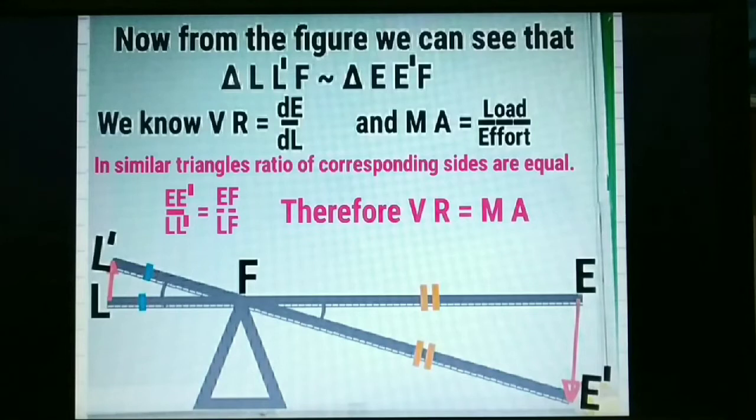Now in maths you have learned in similar triangles, ratio of corresponding sides are equal. Therefore EE' divided by LL' is equal to EF by LF. Therefore velocity ratio is equal to mechanical advantage in all ideal cases.